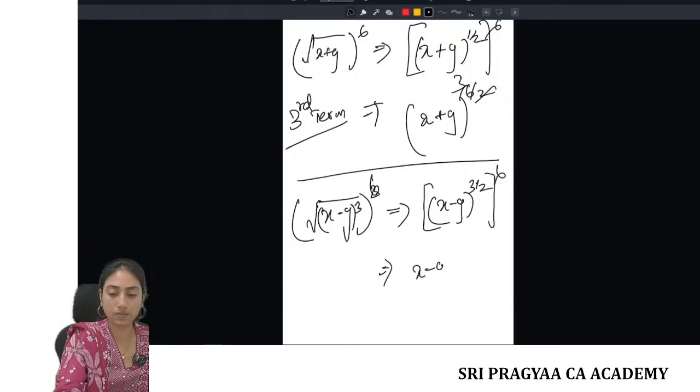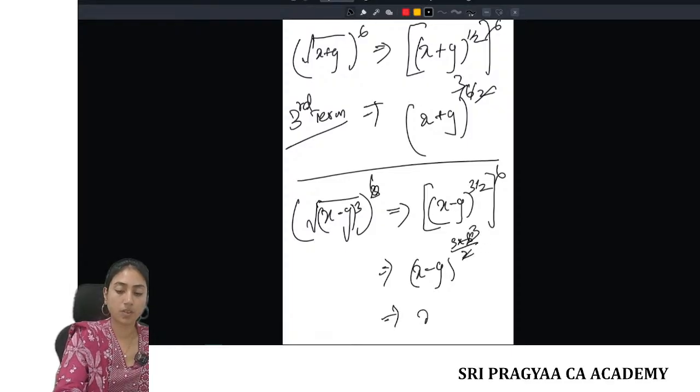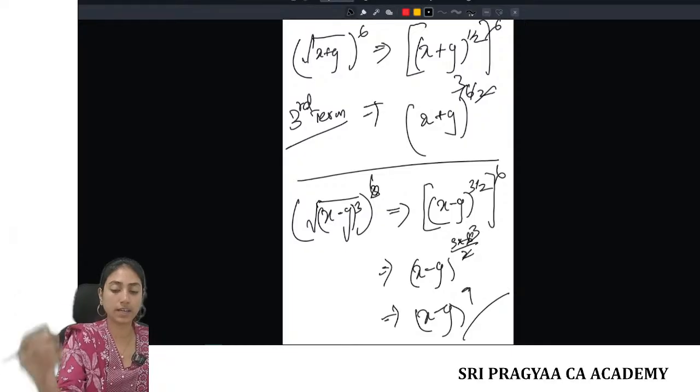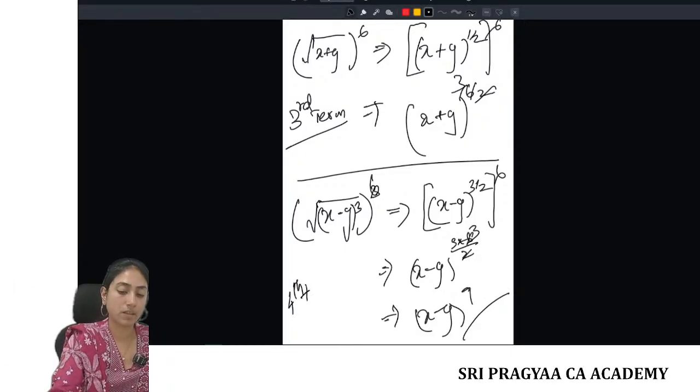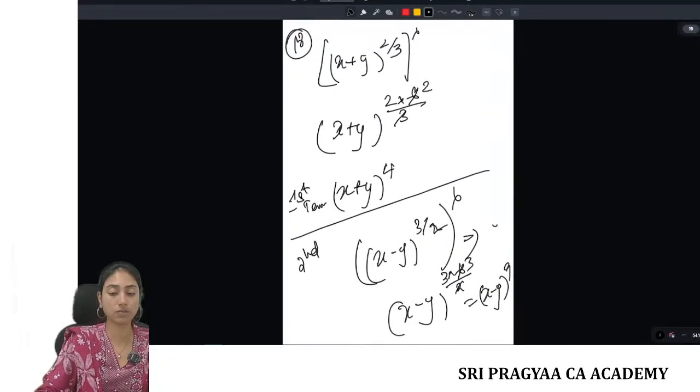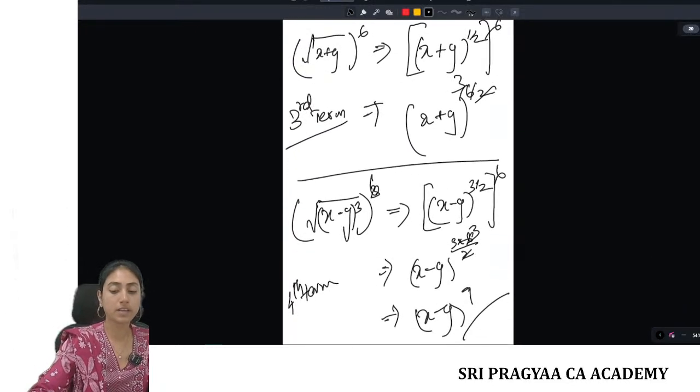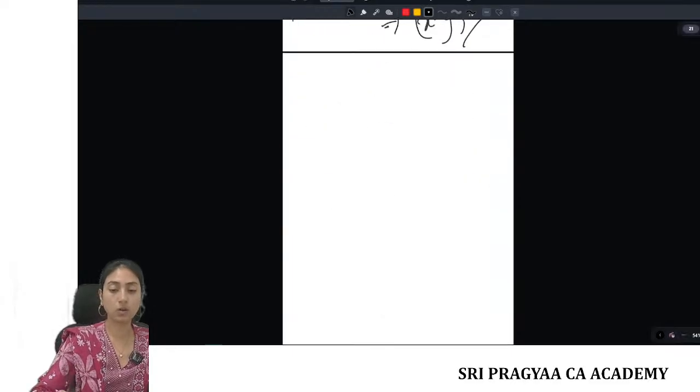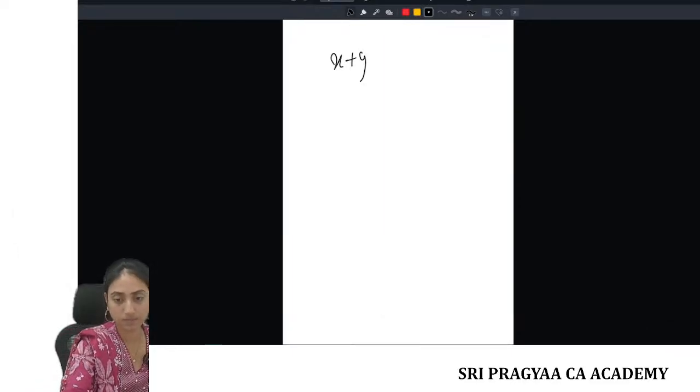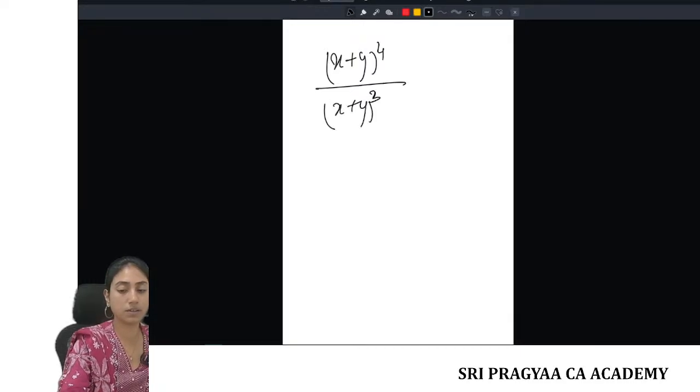That is the fourth term, correct? So the second term and the fourth term will get cancelled, because this is also x minus y raised by 9, and this is also x minus y raised by 9. Okay, but what are you left with? Three by 4, so this will get cancelled.